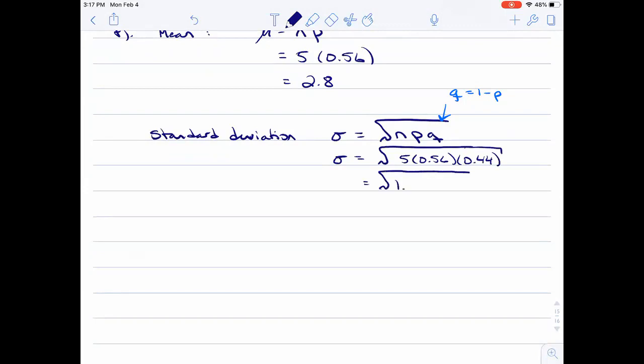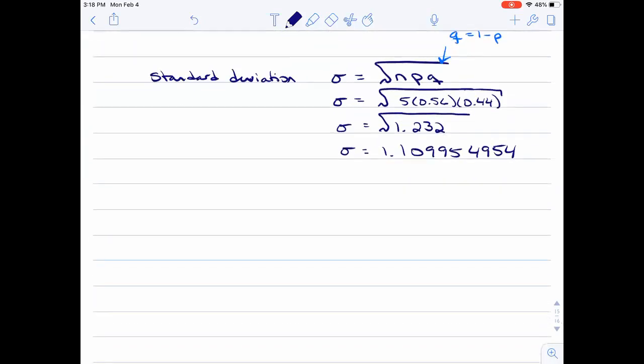Don't forget the square root: 1.232. So sigma then is 1.109954954. In this case, I'll round to 4 decimal places. Sigma is 1.10. So much for that.